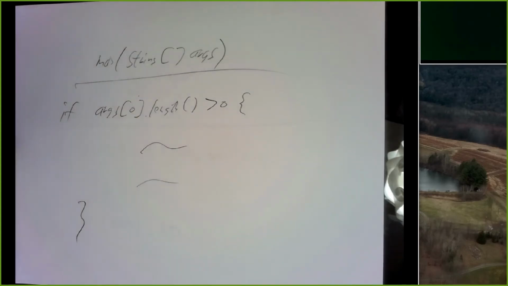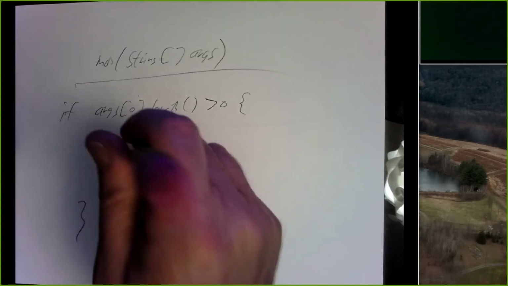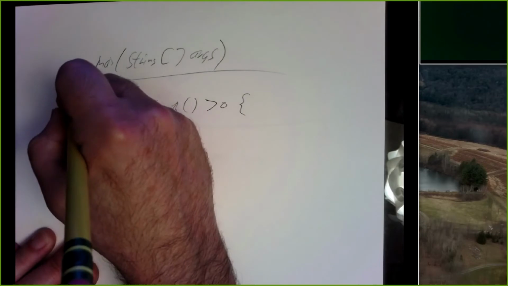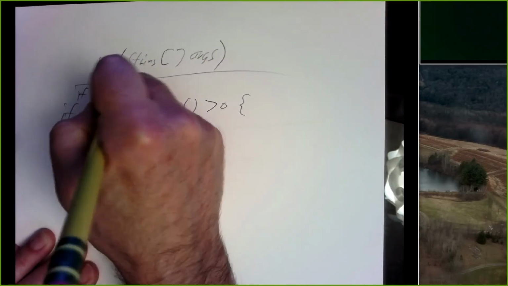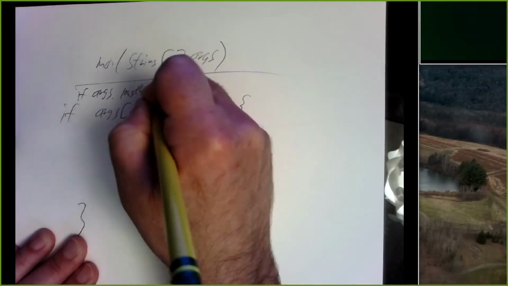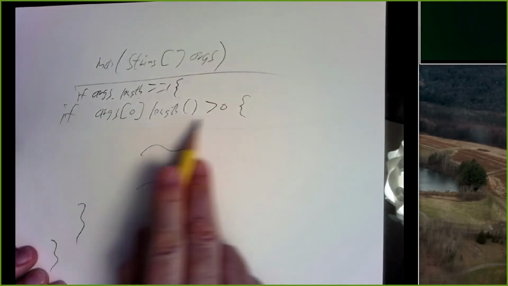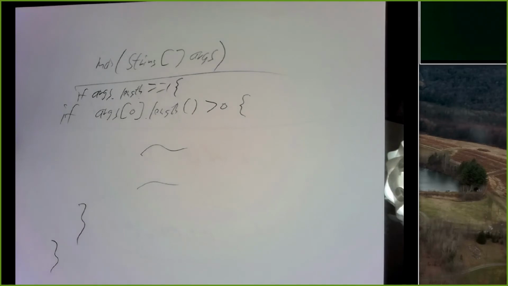It's going to throw a null pointer exception. So this is not the right way to see if there's an argument specified. Before you do this, you should do something like if args dot length is equal to 1, then let's go ahead and see if this first argument is non-empty, for example, or is equal to something or whatever.